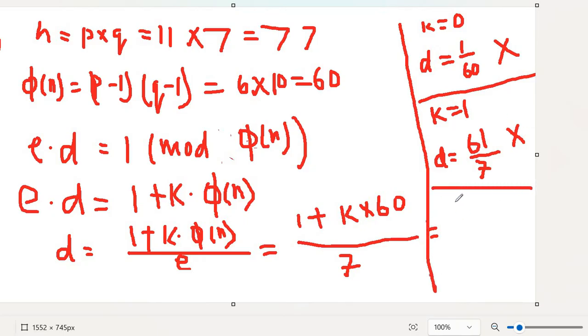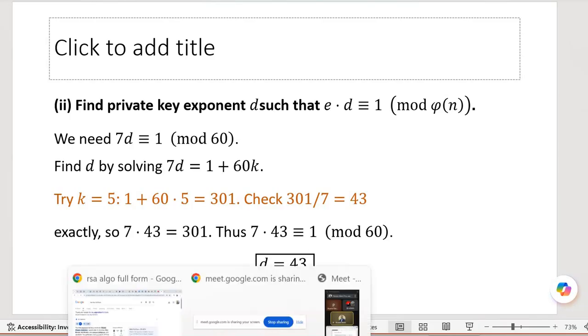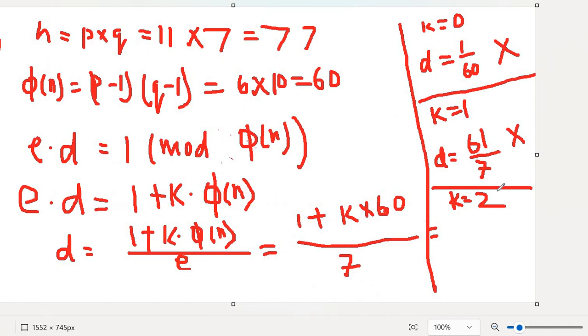So k equal to 2 we will try. Okay, they have actually told that for 5 we will be getting it, but we can check one by one, because you have to start with 0, then 1, then 2.